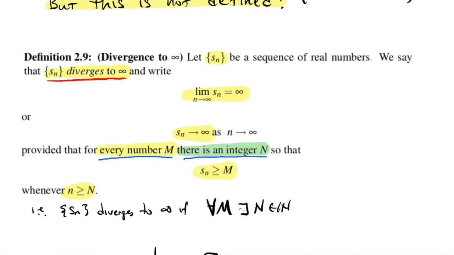Let me be a little bit more precise here and say for every real number m, there exists some natural number capital N, such that Sn is greater than or equal to m for all n greater than or equal to capital N. Okay, so there's the quantified statement, and you can write your own negation of that statement. Maybe it's going to be useful to know what it means to not diverge to infinity.